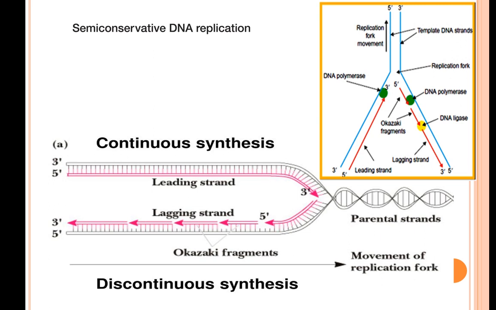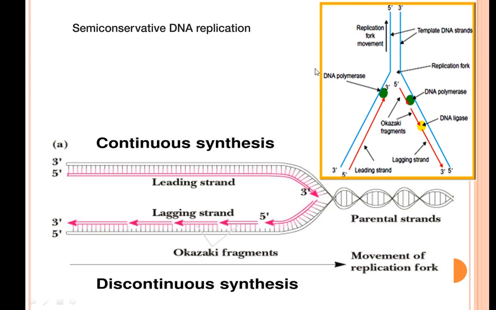It is called DNA dependent DNA polymerase as it uses a DNA template to catalyze the polymerization of deoxynucleotides.